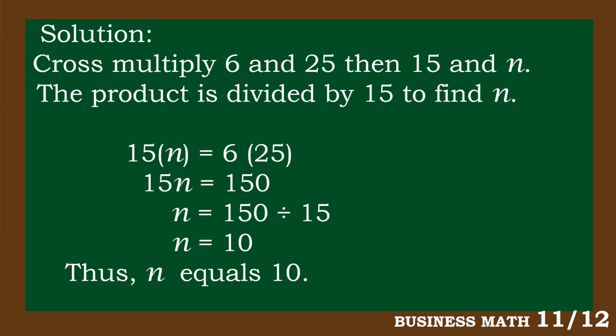The product is divided by 15 to find n. To illustrate, that will be 15 times n is equal to 6 times 25. 15n is equal to 150. n is equal to 150 divided by 15. n is equal to 10. Thus, n equals 10.